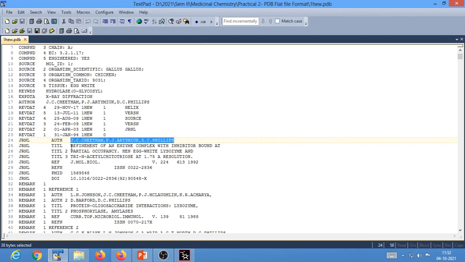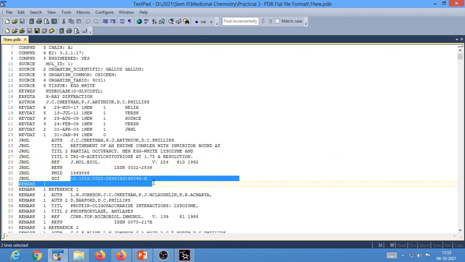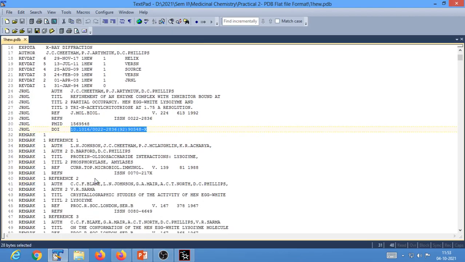What is the title of that paper, in what journal it was published, what is the volume information, what is the page information. And you can have other journal information like the ISSN number of this journal in which the model was published, and the digital object identifier of that paper. So this type of information, the citation details, is provided in this JRNL line.